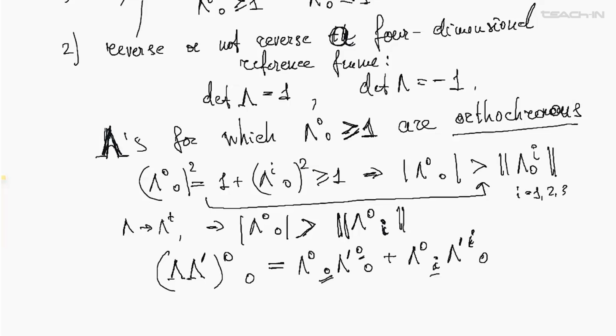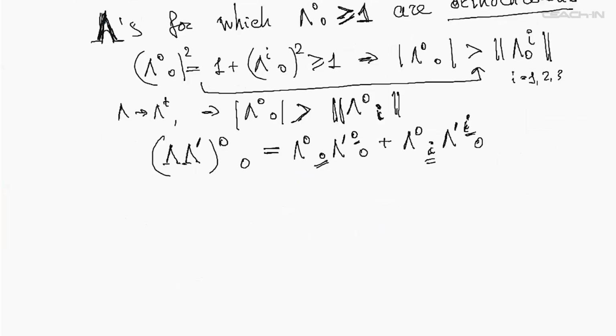And now if you use the Cauchy-Bunyakovsky-Schwarz inequality, which essentially tells you that for any two vectors x and y, the modulus of the scalar product of x and y is less or equal to the norm of x multiplied by the norm of y.